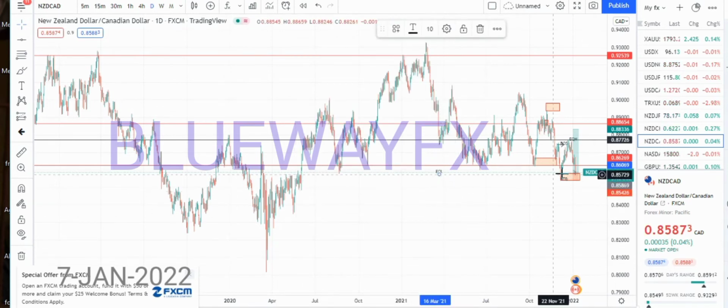We have our equal lows here, and if you watch very well, price came down and took out the equal lows at this point.